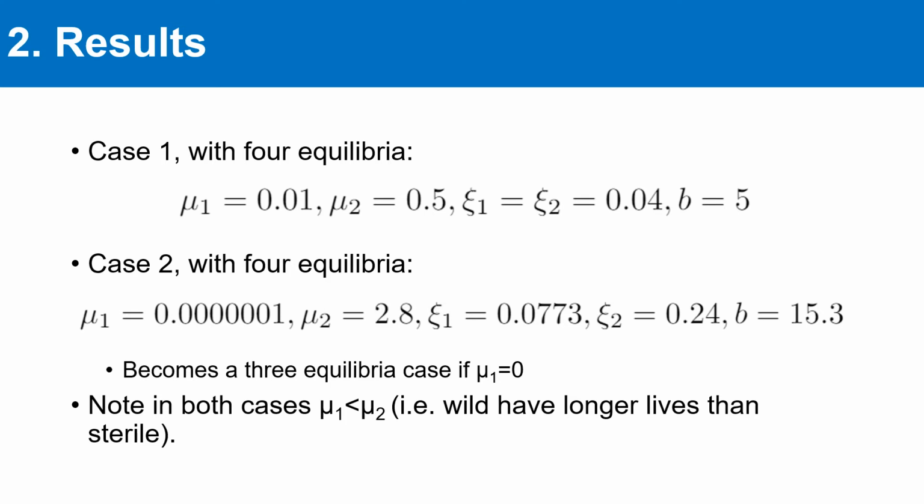And it's worth mentioning that in the second case, if we let mu1 equal 0, then we will have 3 equilibrium points. And it's important to note, as an interesting biological ramification, that in both of these cases, and in fact all, mu1 is less than mu2, which implies that wild mosquitoes have longer lives than their sterile counterparts.